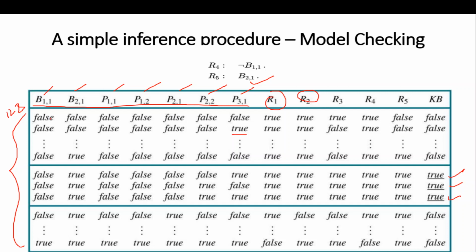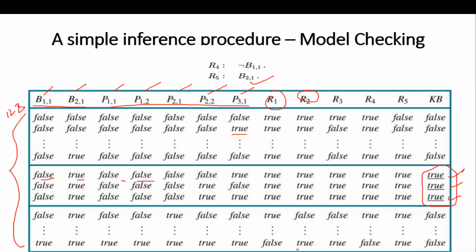In those 3 states, is there a breeze in 1,1 or not? What is the value of P2,1? Based on the features of those states, we can identify them. So basically these are the only 3 states in which KB is true out of these 128 states.